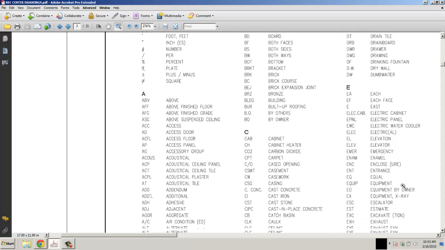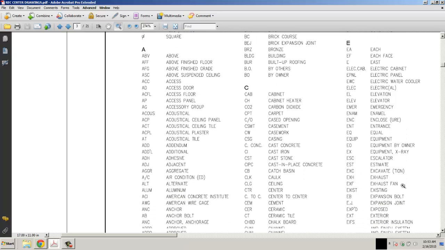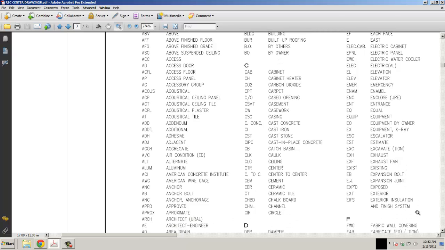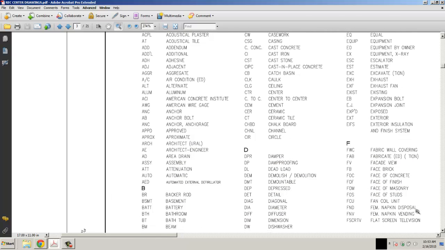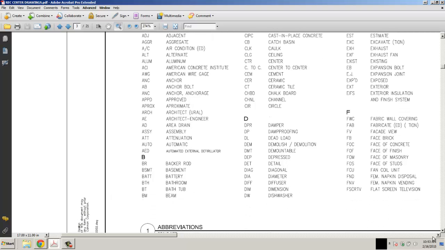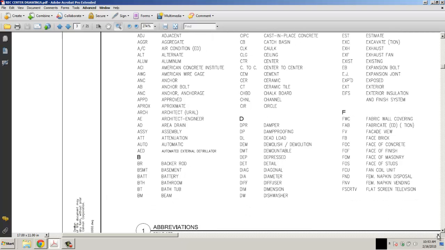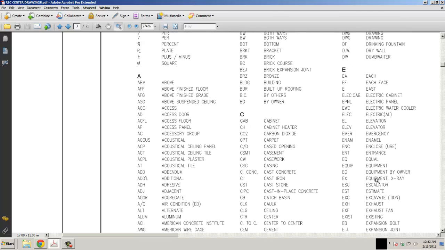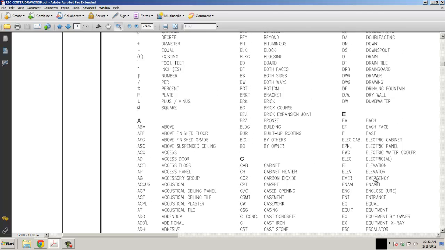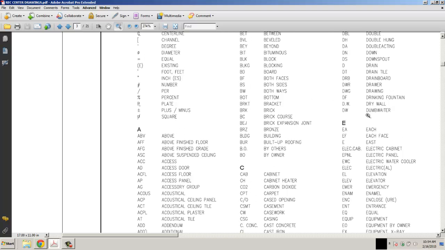Let's see, FE should be fire extinguisher. Let's see if we can find, there's our Fs. It's probably up here. Get up to the top. We also have drinking fountain, DF.